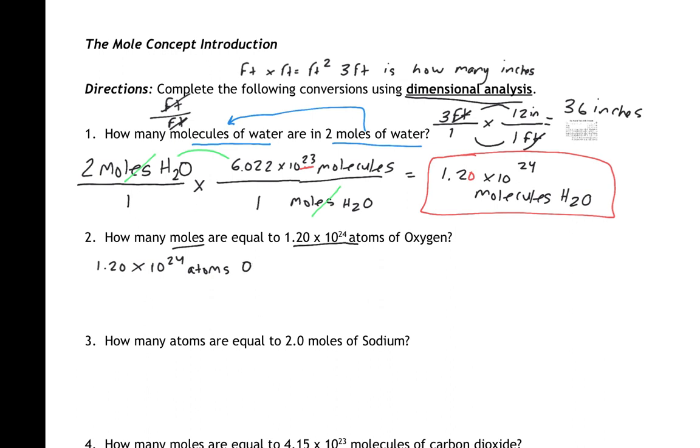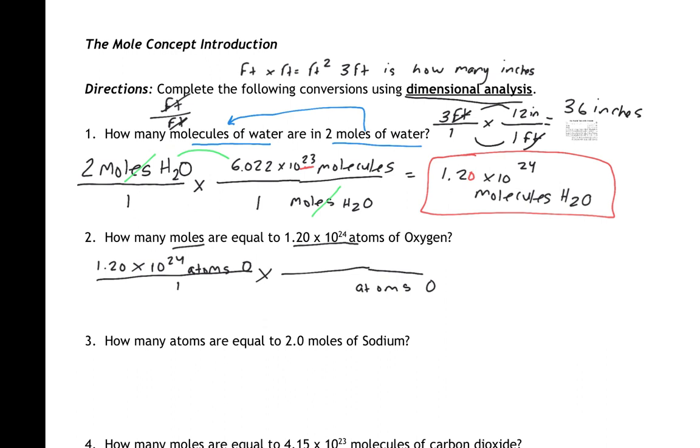I'll just put an O for oxygen because the symbol for oxygen is O. And then over 1. And then we want to cancel atoms of oxygen. So we're going to put atoms of oxygen on the denominator.